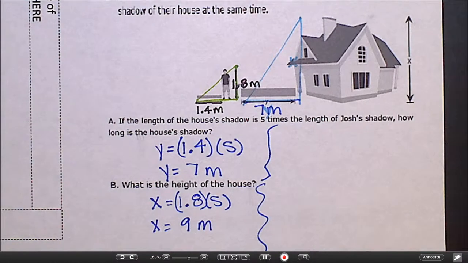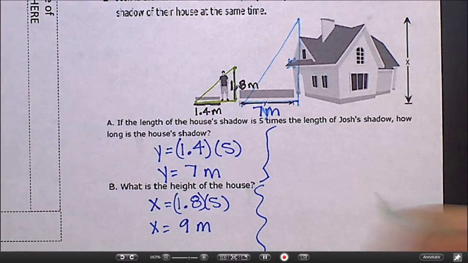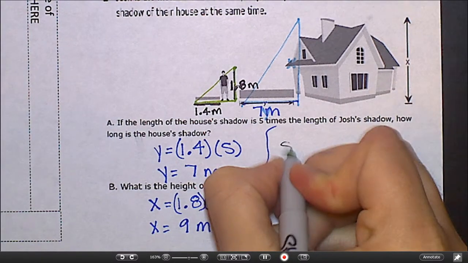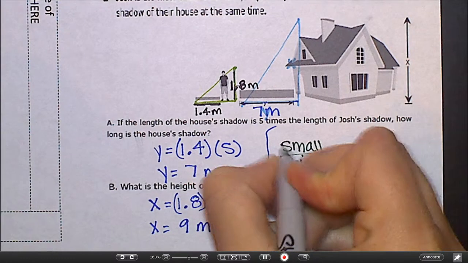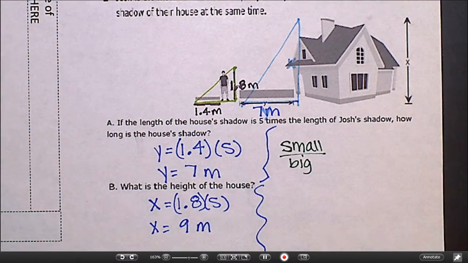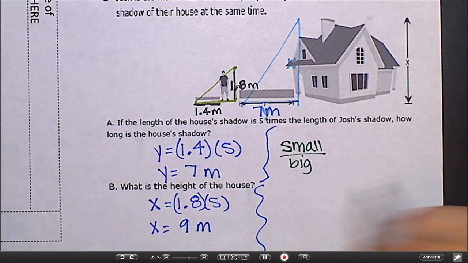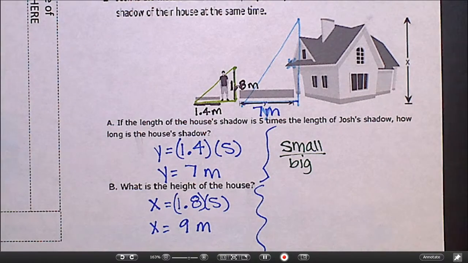But the more typical way of solving this, let's work it out that way too, would be to set up a proportion. So instead of naming it small over big, actually, you know what, I will. I'll just keep naming it small over big. Small over big. Or I could do Josh over house or something, but I just like kind of looking at the sizes.